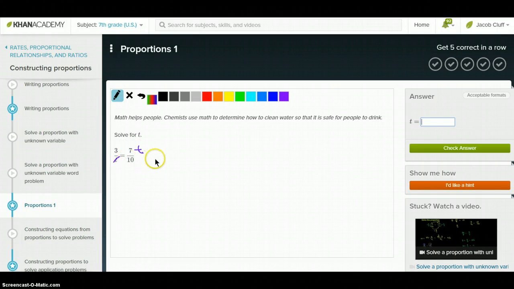And then what we're going to do, well, let's just write this over here. So it's going to be 3 equals 7 over 10 times t.